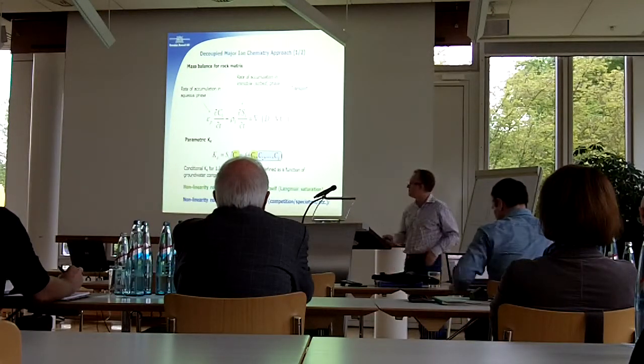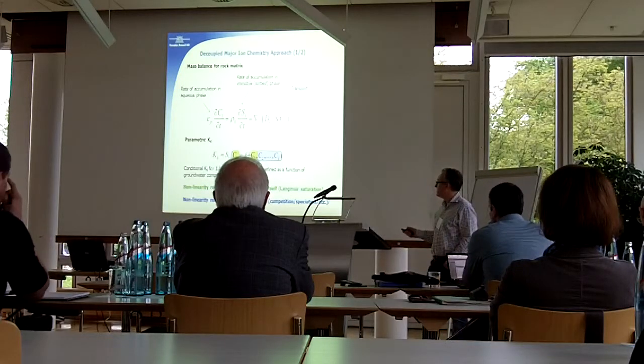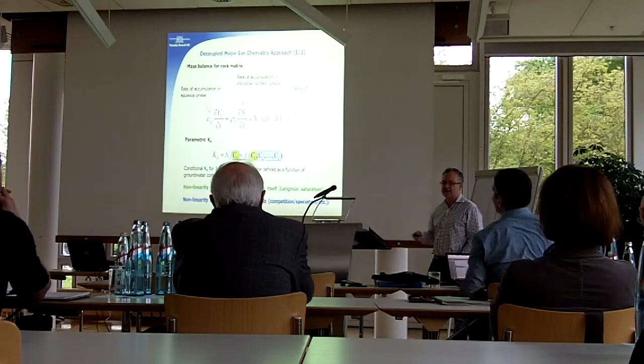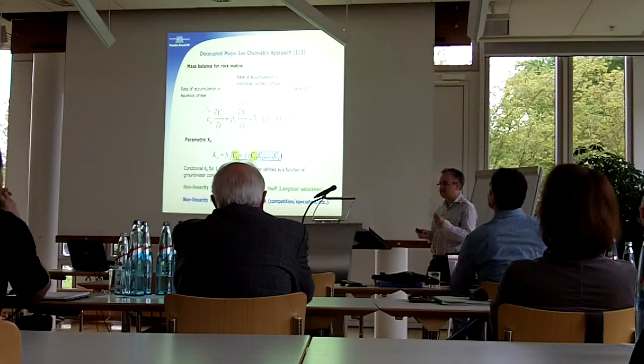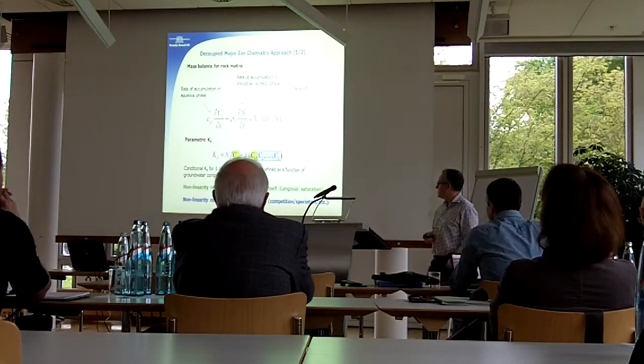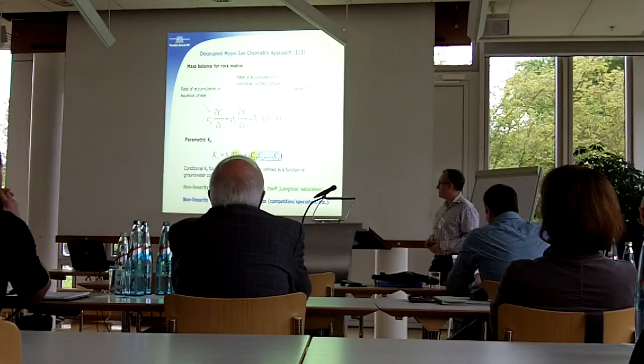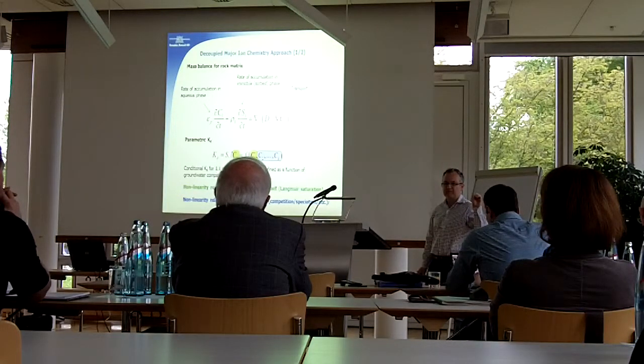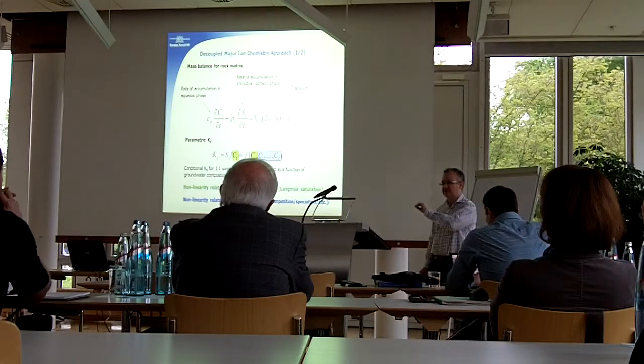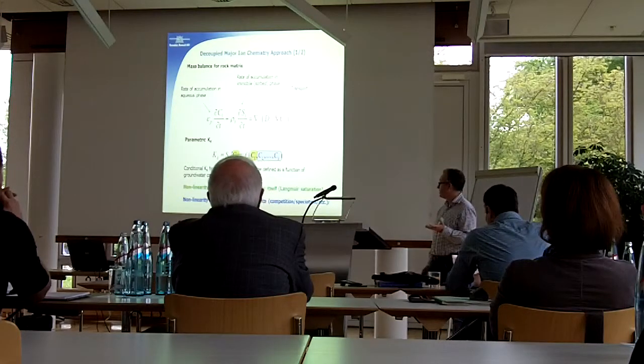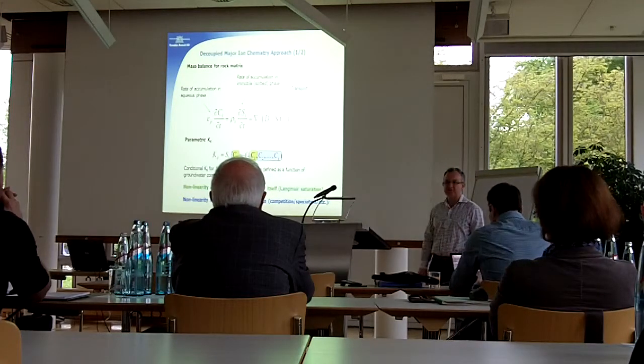It depends how you model it, but basically it is just the ratio of sorbed and dissolved concentrations. And a conditional KD for sorption, one-to-one sorption, where the concentration in the solution always corresponds to a fixed concentration in the solid phase. You can always define it in terms of the groundwater composition.